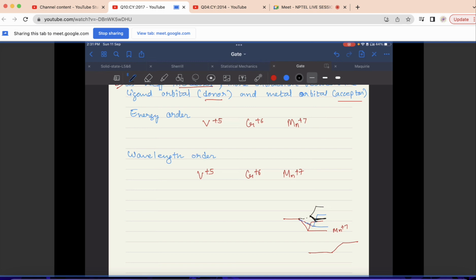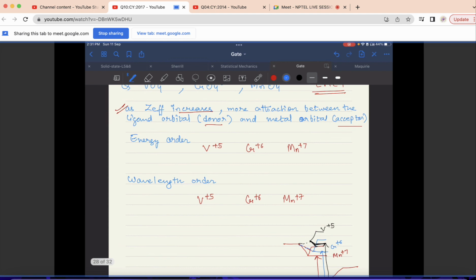So overall, for the transition from ligand to metal, the energy order will be highest in vanadium, and then chromium, and then manganese.